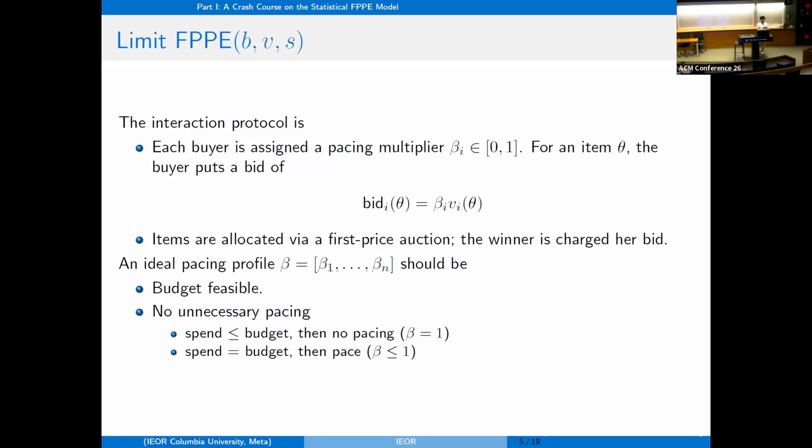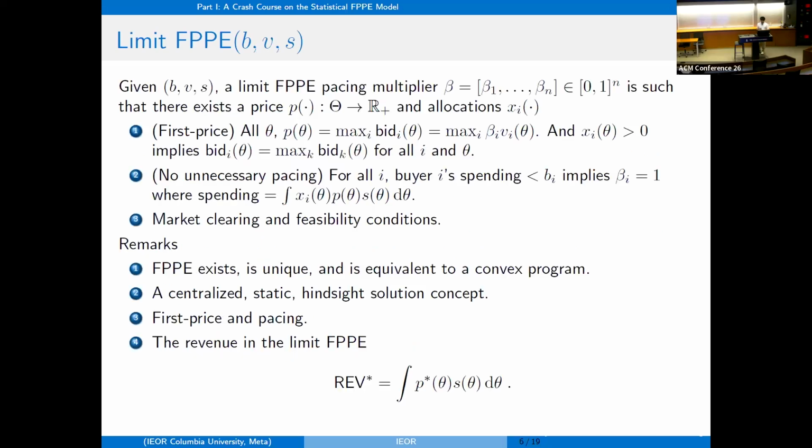At this stage, I've basically described all the conditions to define an FPPE. Now let me introduce a few more notations to make it more precise. Given B, V, S, a limit FPPE pacing multiplier is such that there exist a price function and allocations such that the following three sets of conditions are satisfied.